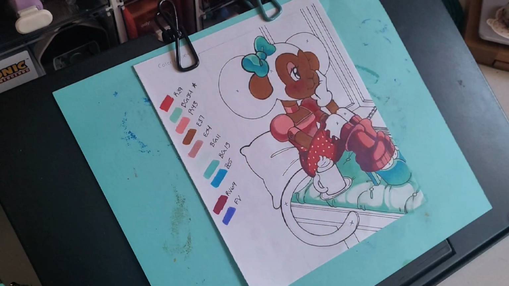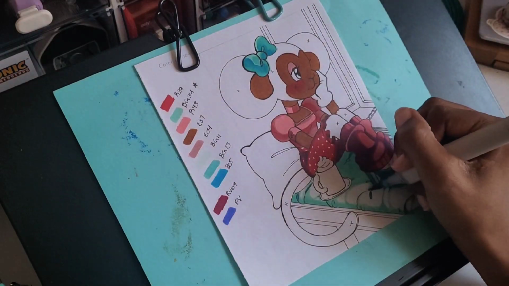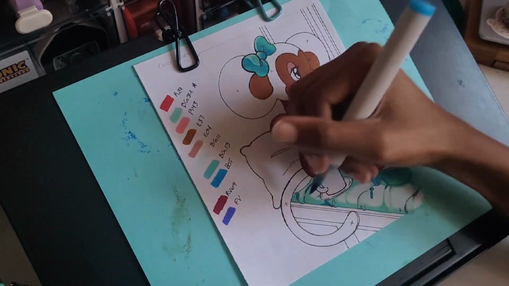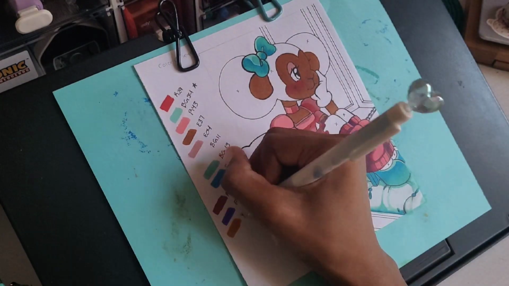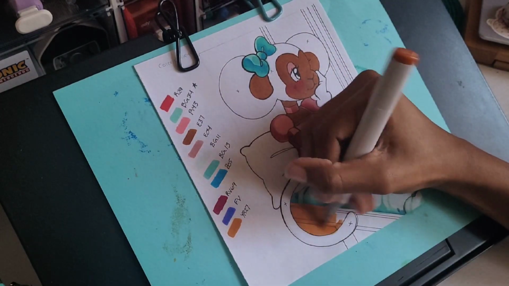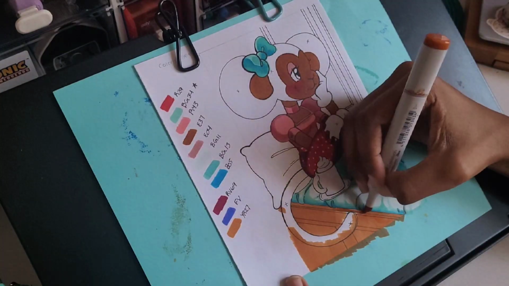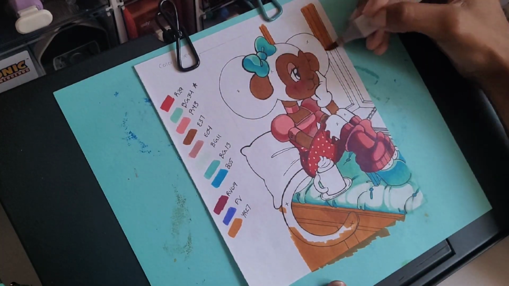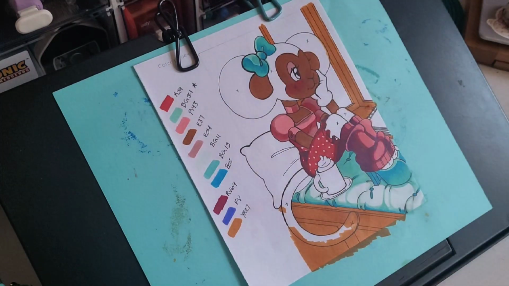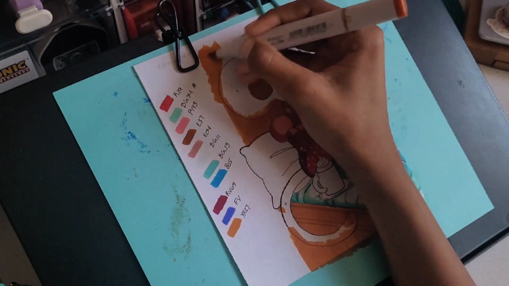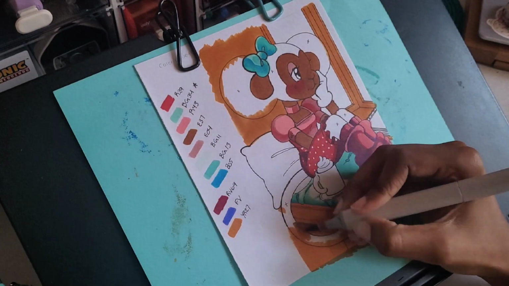If I were to give her a story and some friends, I'm enjoying the drawing process and having her as a character as is, because a lot of times when it comes to making stories or doing comics, the characters kind of get away from you, if that makes sense. You kind of lose sight of why you drew them in the first place and their personality, because you're trying so hard to make them fit into a story.